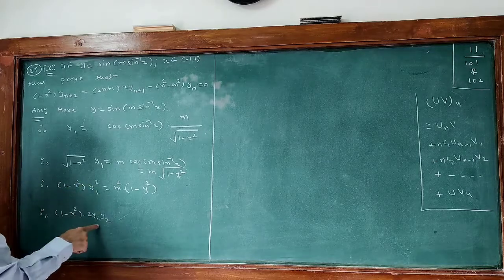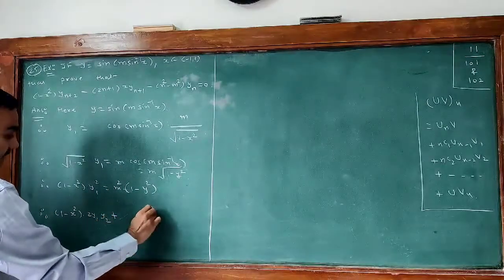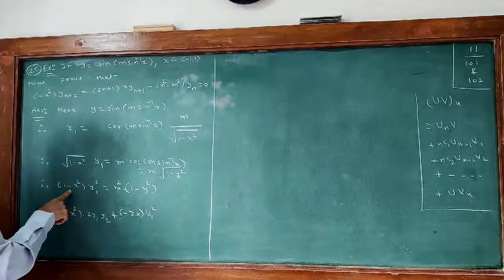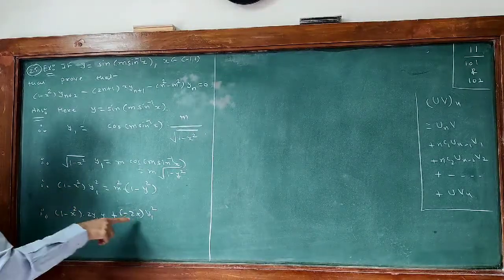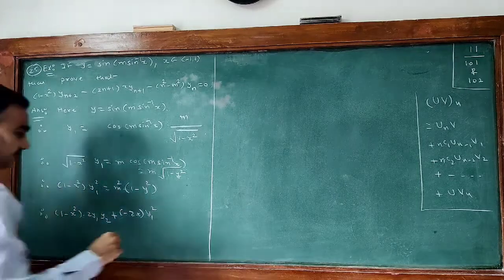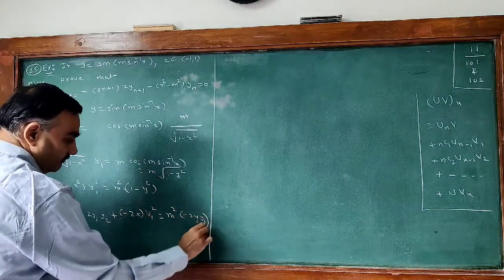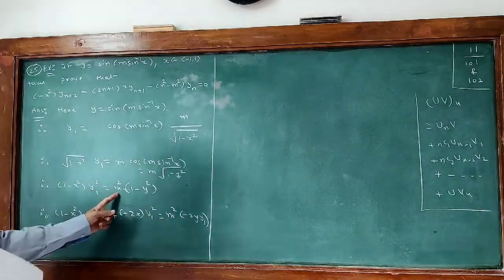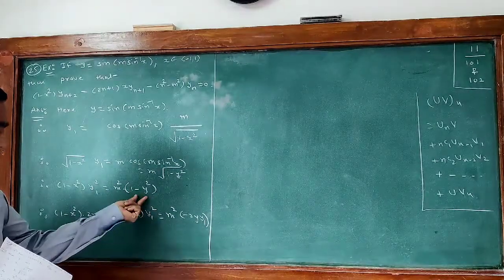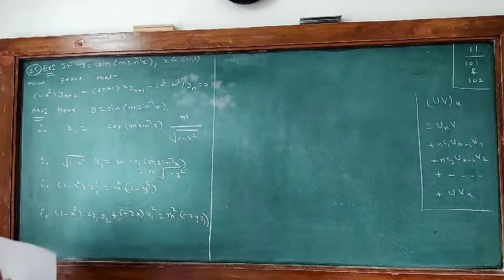Differentiation of y1 square is 2y1 and that of y1 is y2. y1 square is as it is, and the differentiation of 1 minus x square: 1 is 0 and x square is 2x, the sign of minus is there and therefore it is minus 2x. m square constant, differentiation of 1 is 0, that of y square is 2y and that of y is y1. Minus sign is there and therefore it is minus.